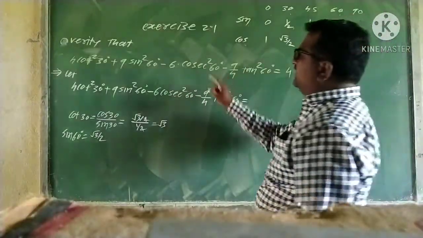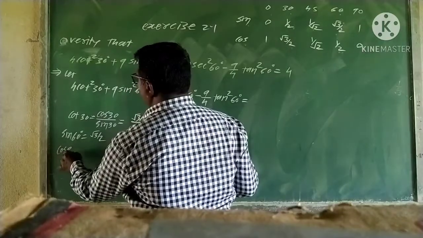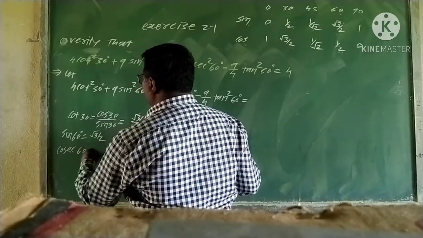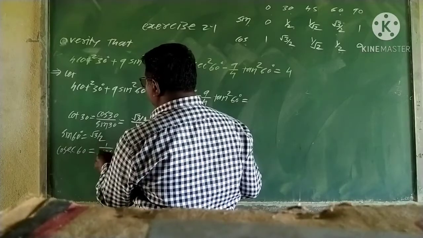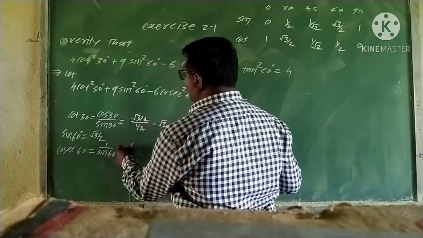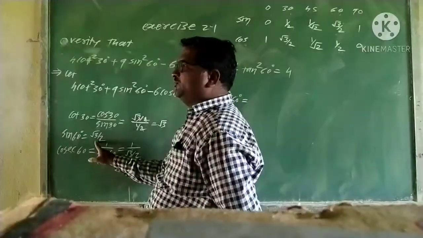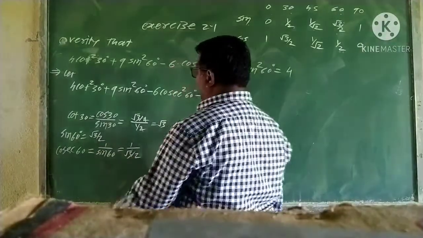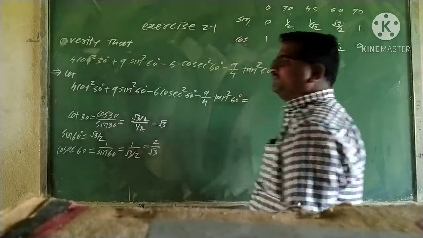Next value is cosec square of 60. We know that cosec of 60 is equal to 1 upon sin of 60, so 1 upon square root 3 divided by 2, because sin of 60 is equal to square root 3 divided by 2. This term is equal to 2 divided by square root 3.